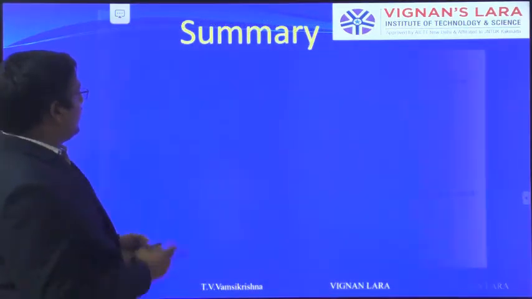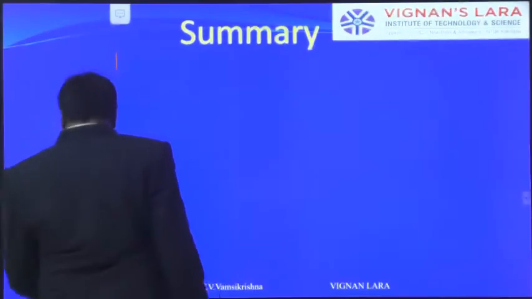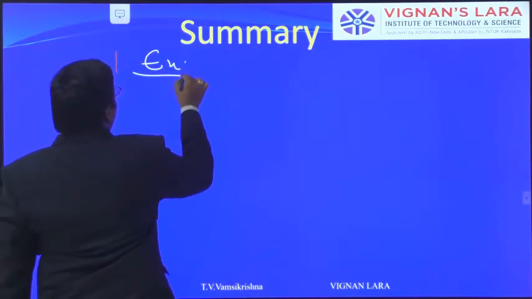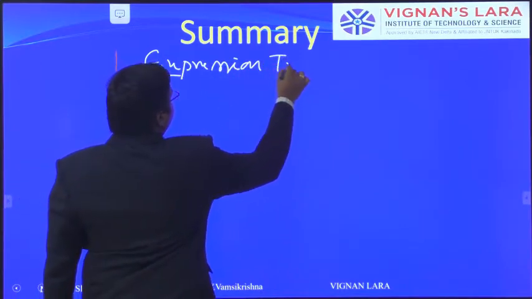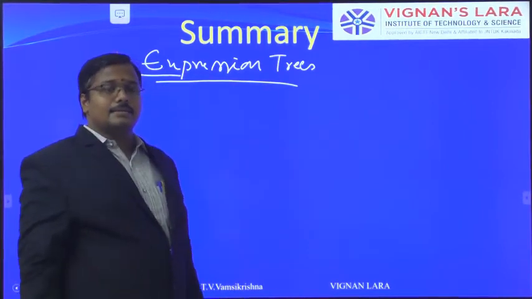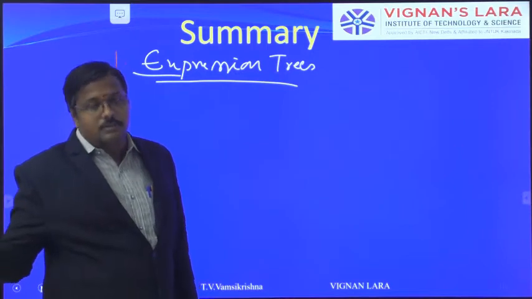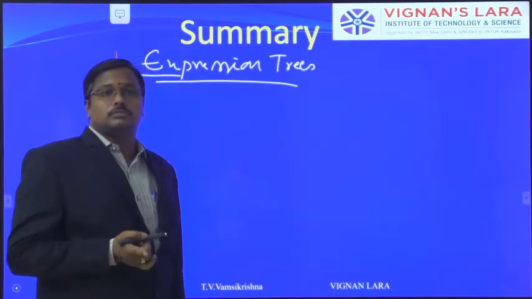So finally I am going to the summary. Today we have discussed, first, expression trees. This is one application of binary trees. In these binary trees, operands are leaf nodes or child nodes, and operators are parent nodes or the root node.